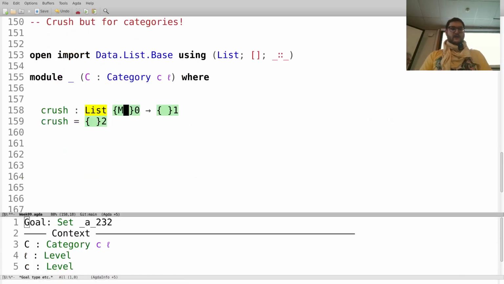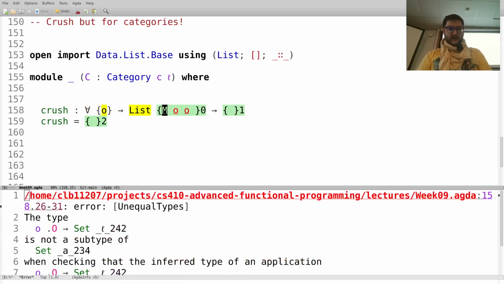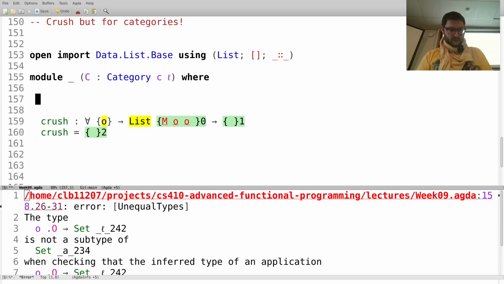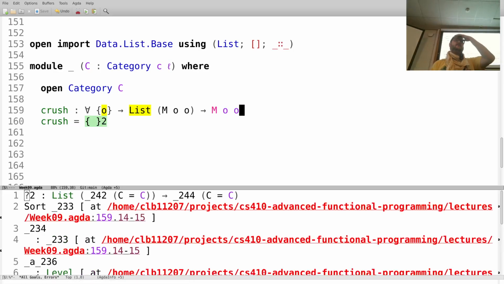But of course, we cannot just put morphism here because now it's taking a source and a target. So what should we do? One thing we could do is take any object and then say, if I have a list of morphisms, open category C, then I can get a morphism.